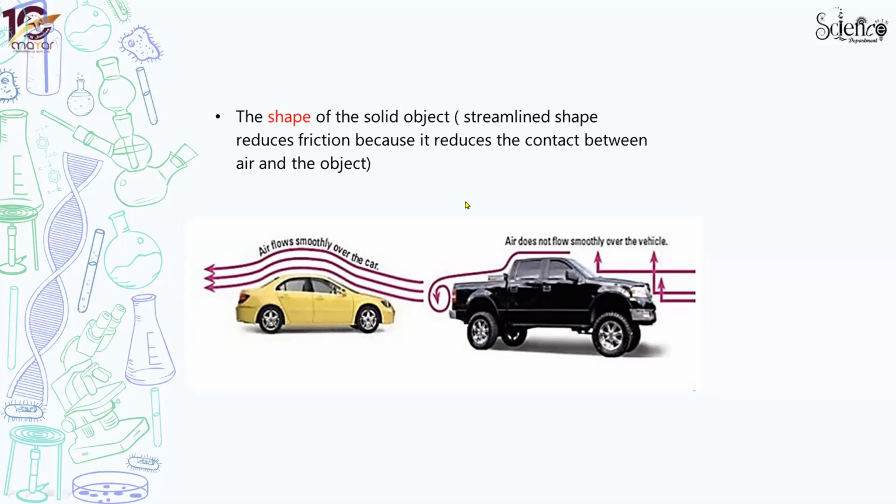Again, streamlined shape decreases air resistance. Why is that? Because the air is going to move easier, so faster, so less air is going to be in contact at the same time with the object.